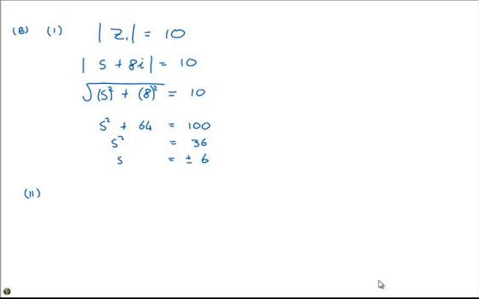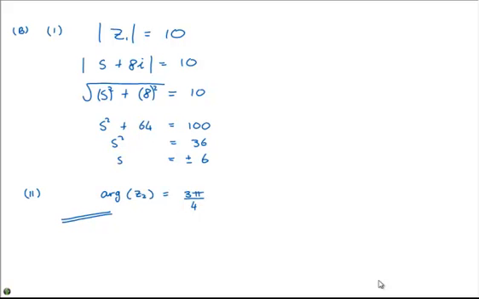So what we're told is the argument of Z2 is equal to 3 pi over 4. Well, let's just leave that there for a moment, and let's talk about Z2.